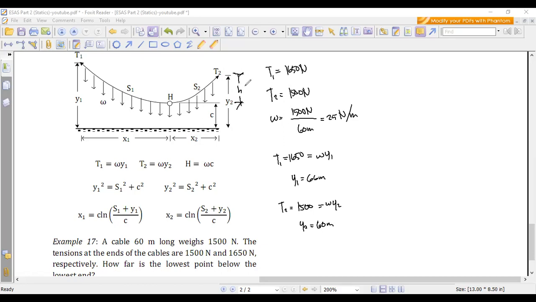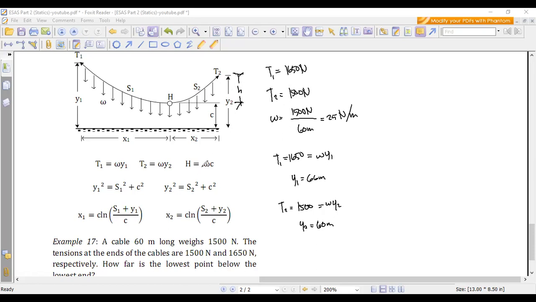You can use any variable, but in this case I use h as the height between T2 and the lowest point.